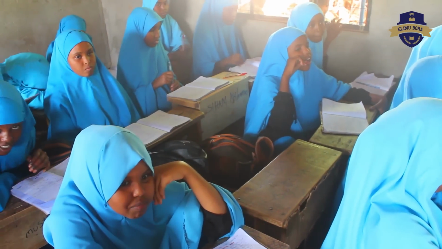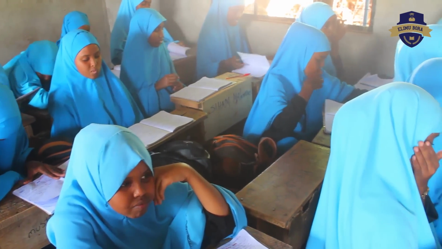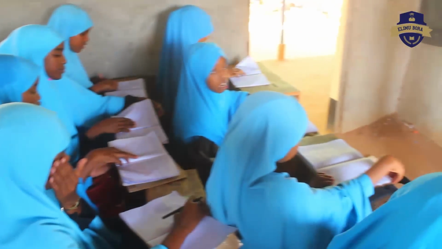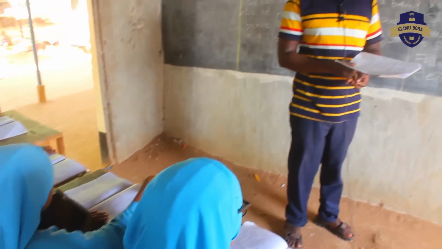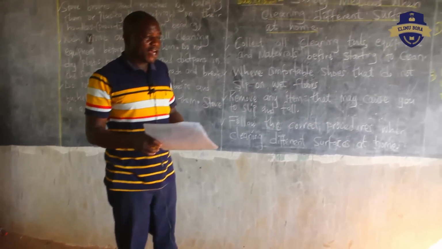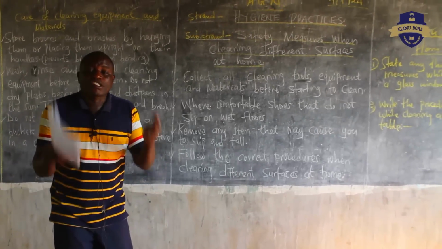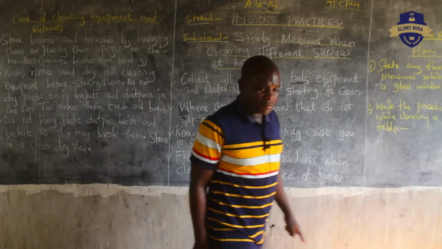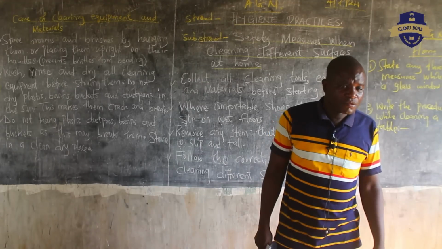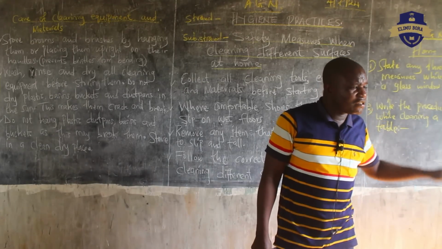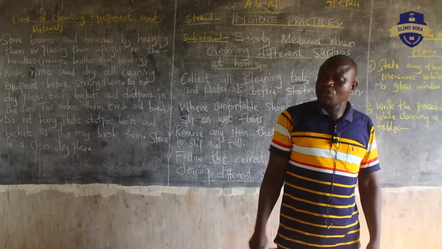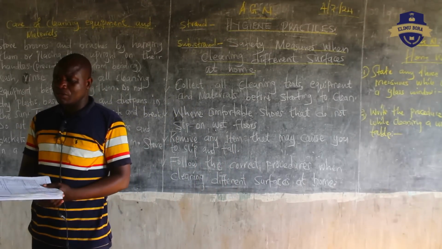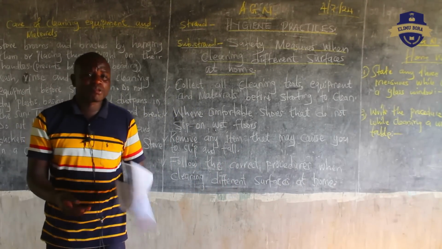I want to see that procedure. Look at the procedure. Can you read procedure number 1? Remove curtains. You know, you cannot start washing the window when the curtains are there. It cannot be like that.